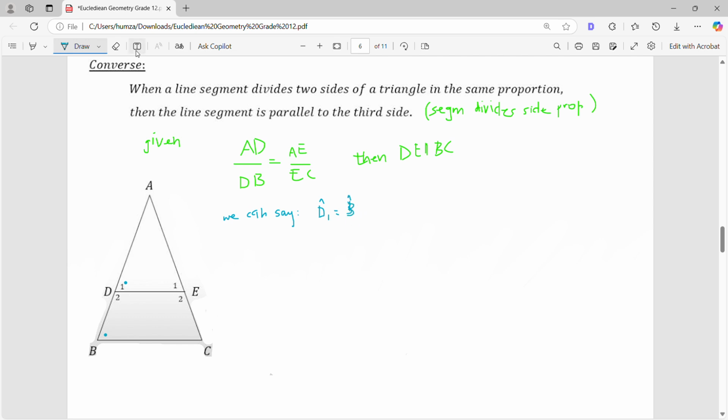Because they are corresponding angles, and corresponding angles are equal.